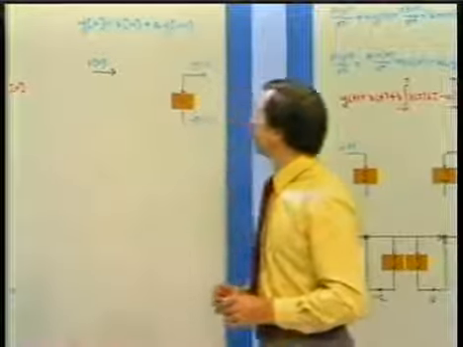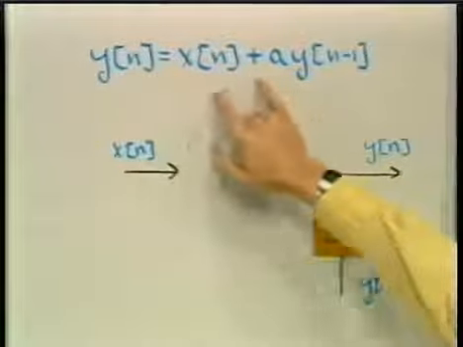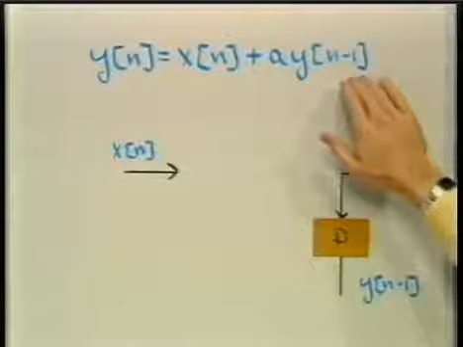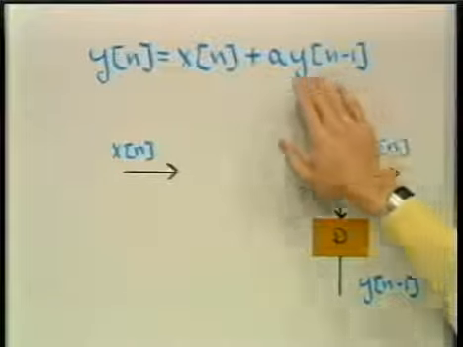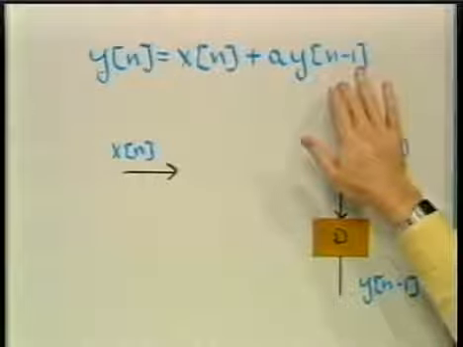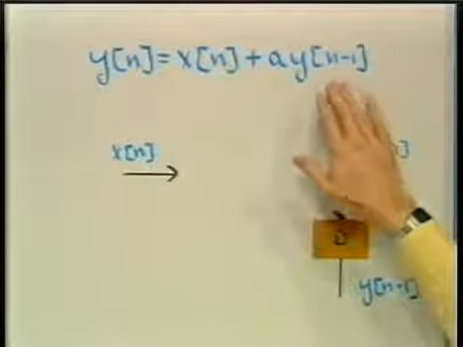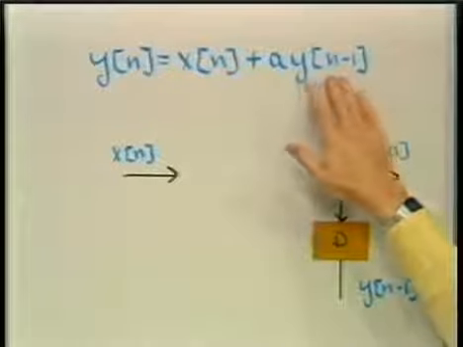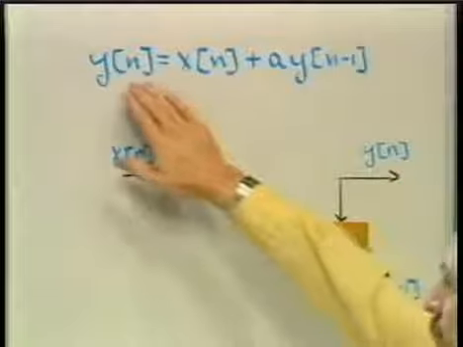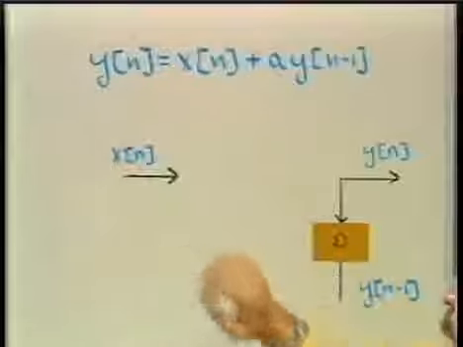Now, the difference equation, I've just simply repeated here, is y of n equals x of n plus a y of n minus 1, where I've taken the delay term over to the right-hand side of the equation. So in effect, what I'm imposing on this system is causality. I'm assuming that if I know the past history of the input and the output, I can determine the next value of the output.